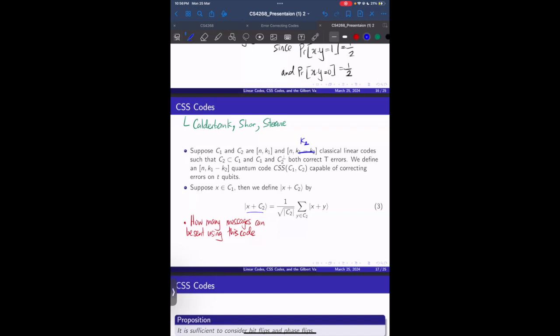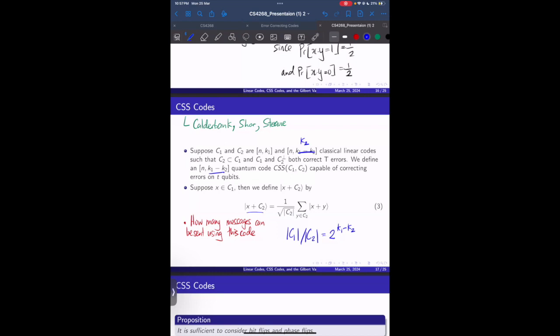How many cosets do we have? We can count the number of cosets in this quotient by dividing the cardinalities, based on Lagrange's theorem. Then there will be this many cosets, and therefore we can send this many bits.